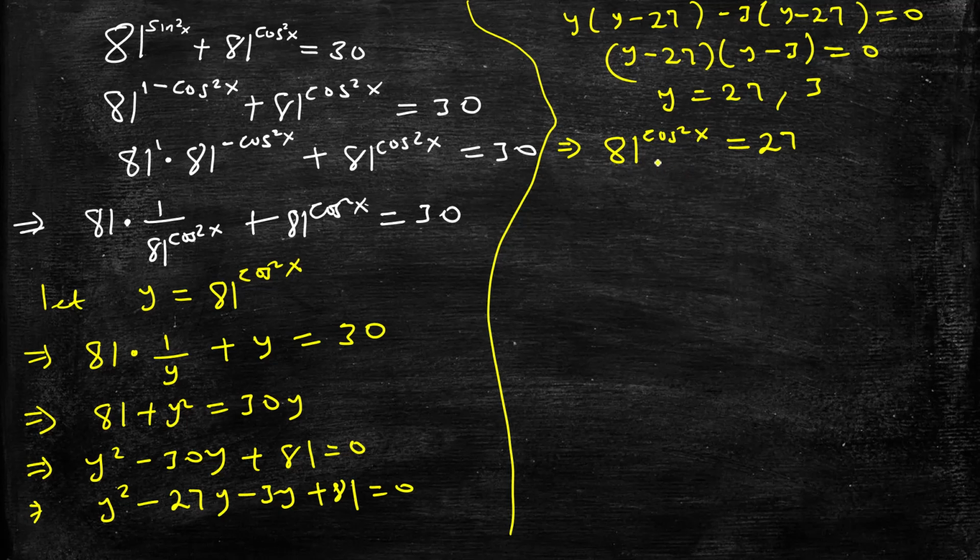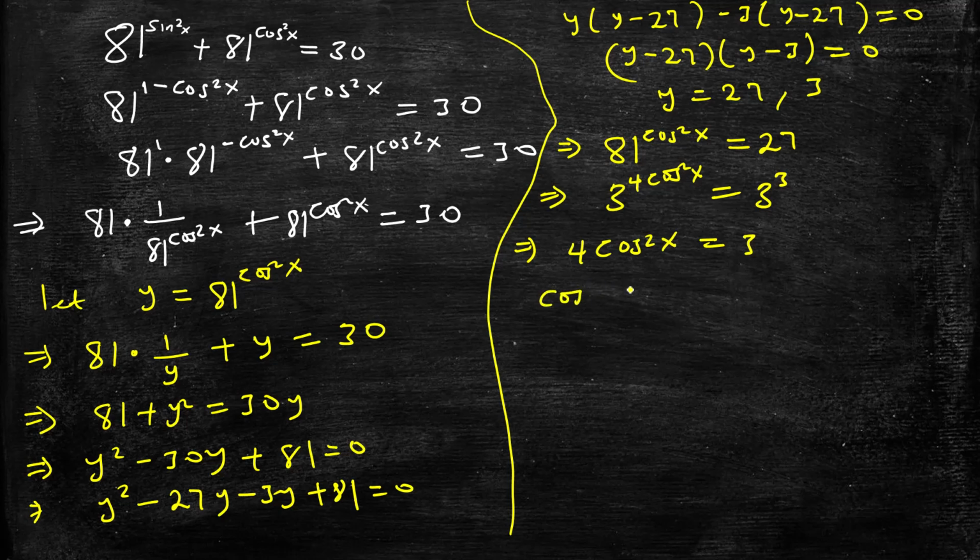So I'll change this 81 to 3 to the power 4 times cos squared x, and 27 is the same as 3 to the power 3. So we have 4 cos squared x equals 3.